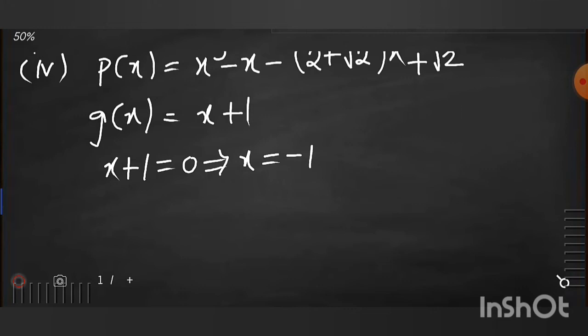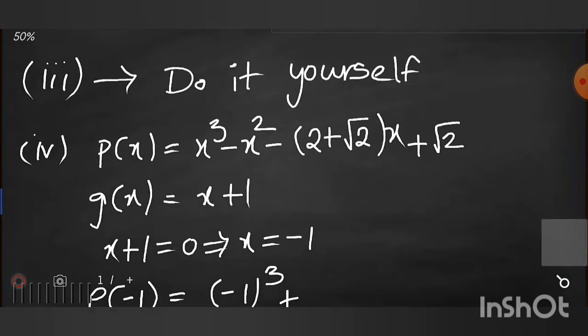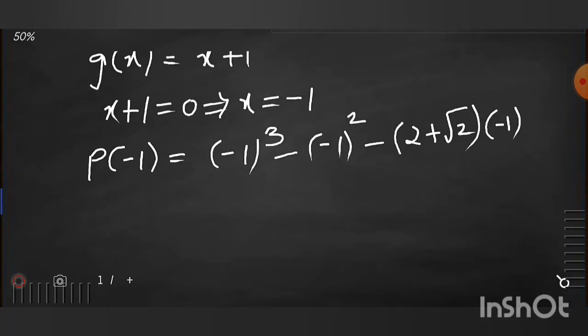Now let's find p of minus 1 here. p of minus 1 equals minus 1 power 3, sorry, it's minus 1 power 2 minus 2 plus root 2 into minus 1 plus root 2.